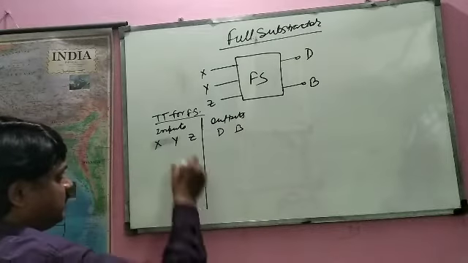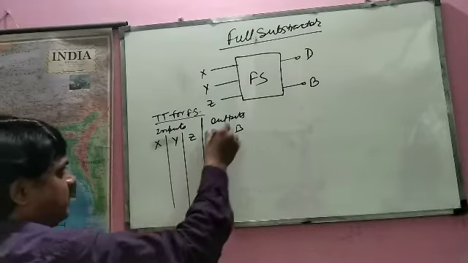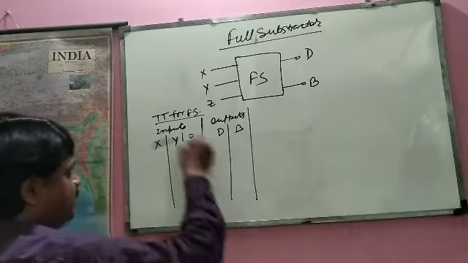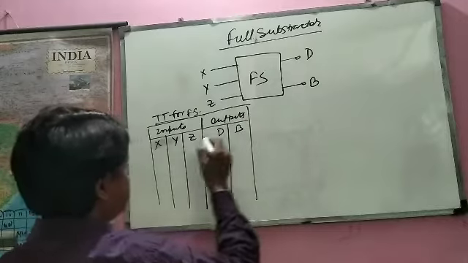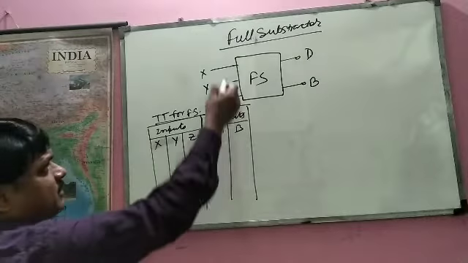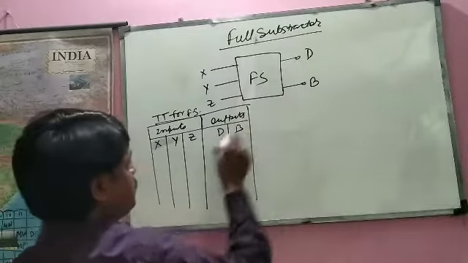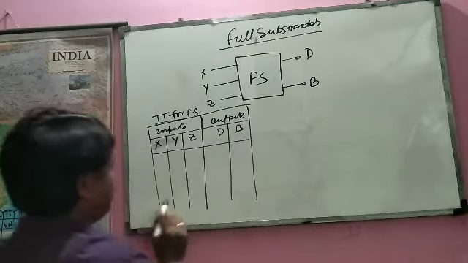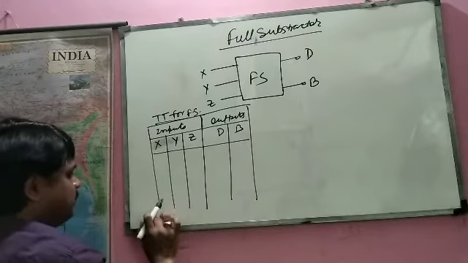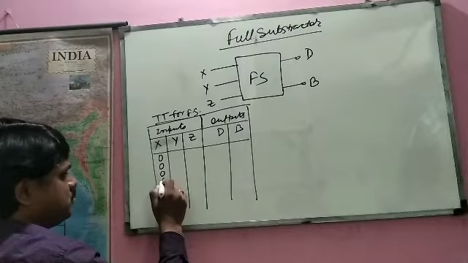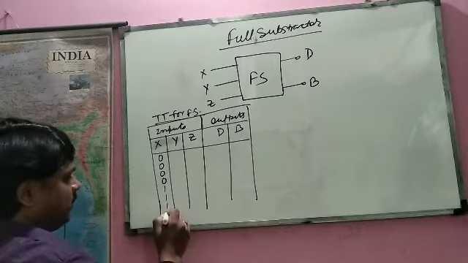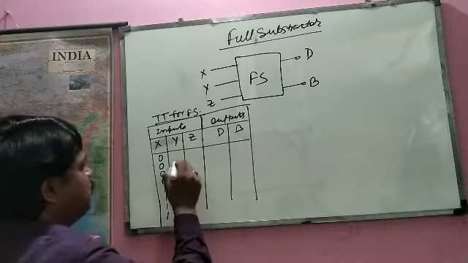So these are the inputs, x, y, z, and these are the outputs, difference and borrow. There will be 8 combinations: 0, 0, 0, 0, 1, 1, 1, 1.